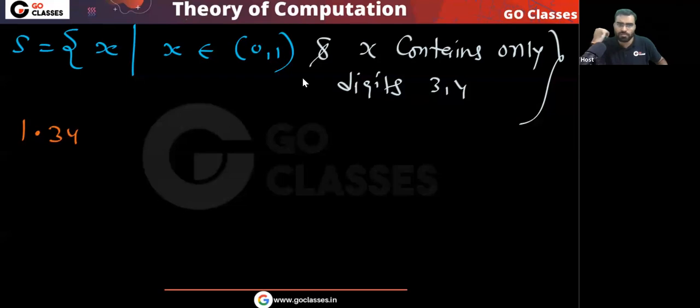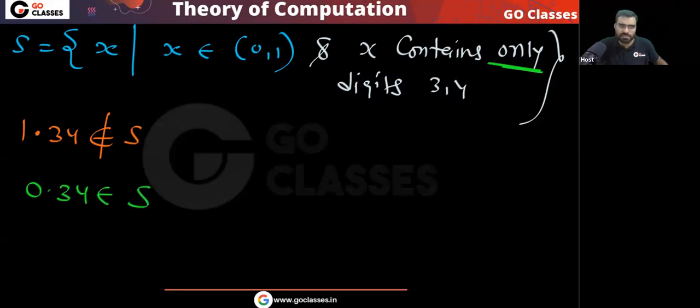Does 1.34 belong? This does not belong to S, because in this set we have only those real numbers between 0 and 1 which contain only the digits 3 and 4. Can I say this belongs to S?